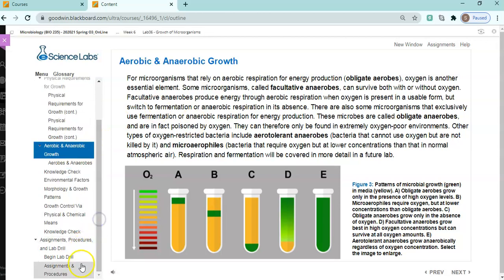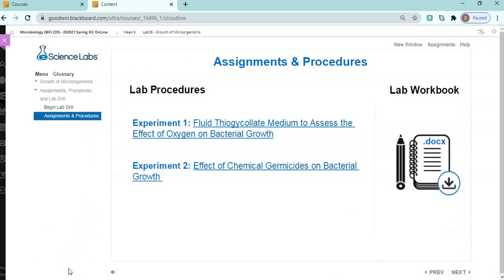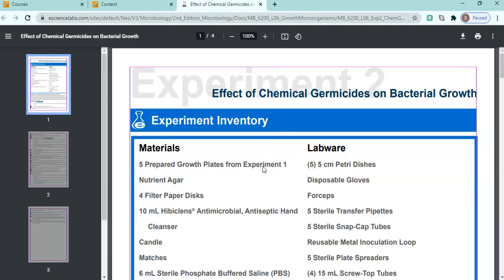Again, going through and understanding the procedures for the lab. We also looked at some different chemical germicides in which we grew microbes near discs, paper discs, that were soaked in various different chemical agents. Make sure you understand how you read the petri dishes after the microbes are grown near those discs.